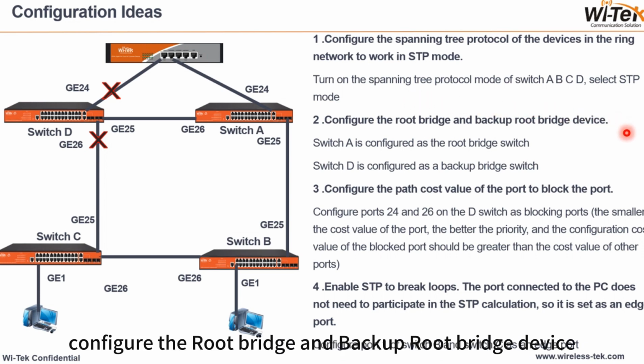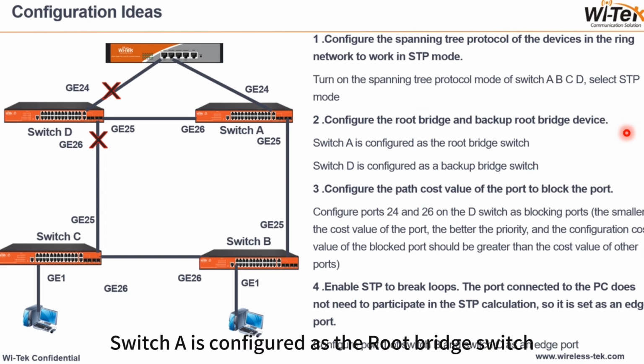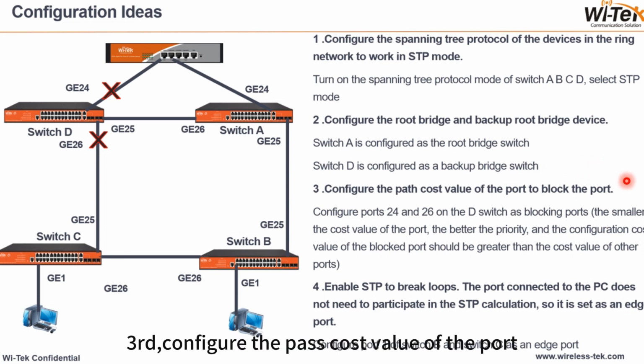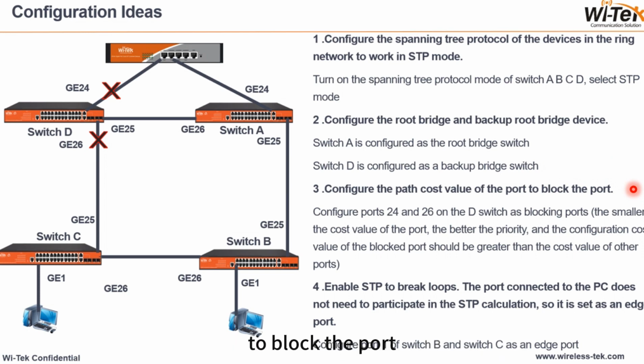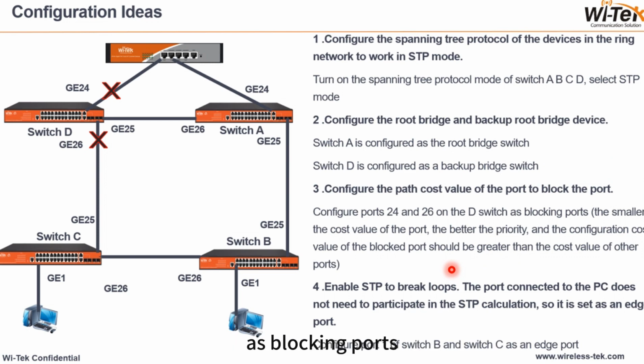Second, configure the root bridge and backup root bridge device. Switch A is configured as the root bridge switch. Switch D is configured as the backup root bridge switch. Third, configure the path cost value of the ports to block the ports. Configure ports 24 and 26 on the D switch as blocking ports.